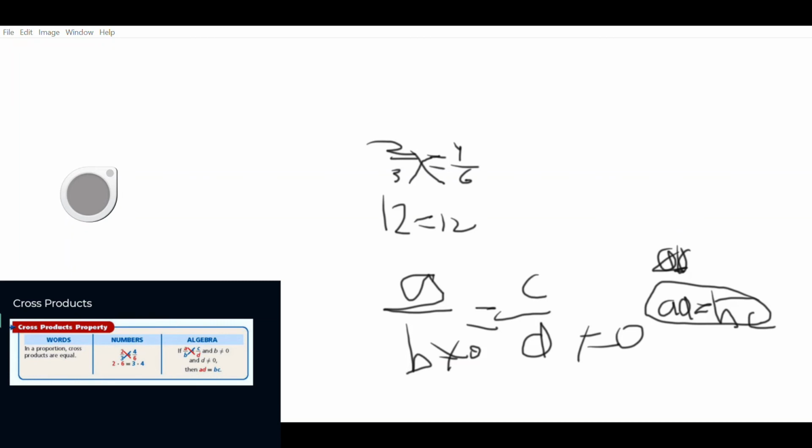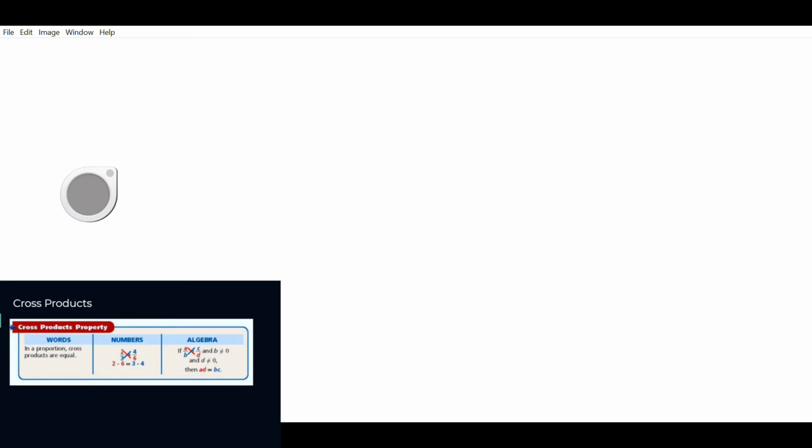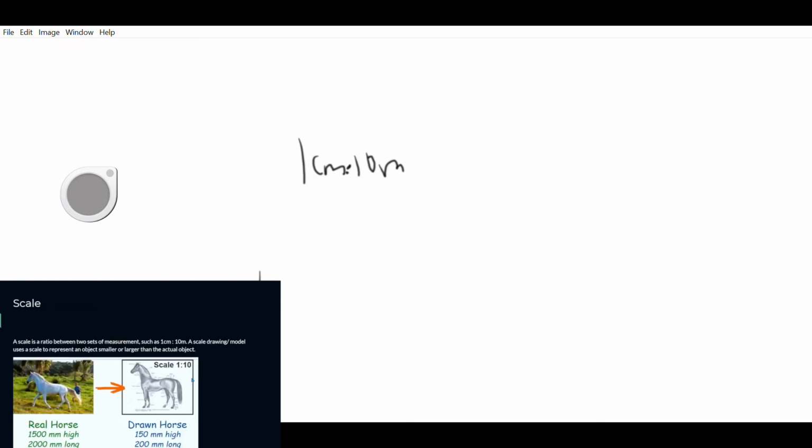So now let's look at scale. Scale is a ratio of two sets of measurement, that is 1 centimeter and 10 meters. What this basically means is, suppose you draw 1 centimeter wide as your drawing. Suppose this is your drawing and it's 1 centimeter by 1 centimeter, then your scale drawing would be much bigger.